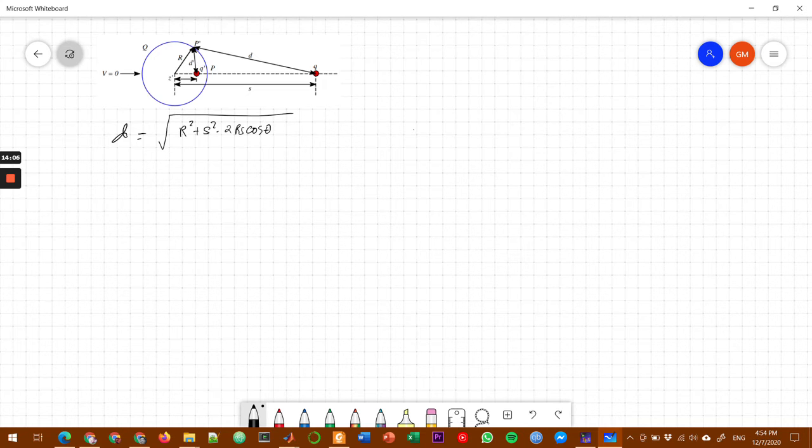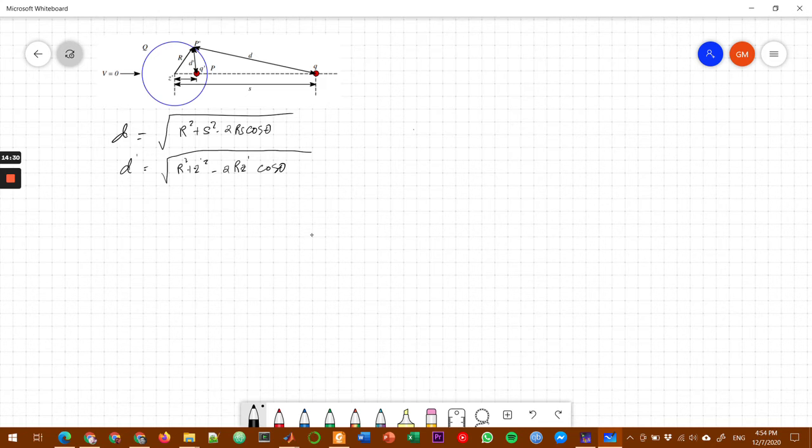Mao na ang imuhang law of cosine. And then sa D prime po, take a look at the D prime sa graph or sa figure, mao pod ang equation. I have R squared plus Z prime squared minus 2R Z prime cosine theta.